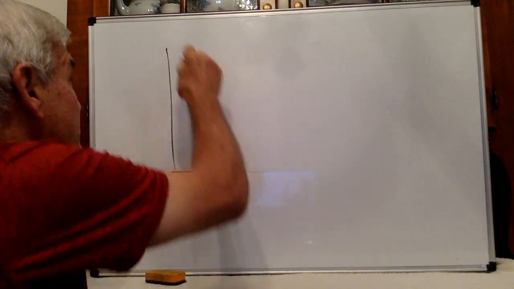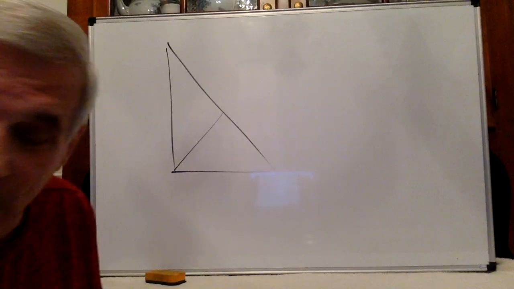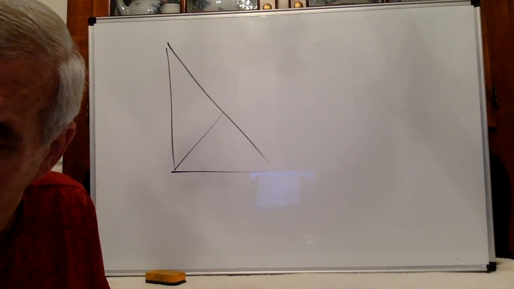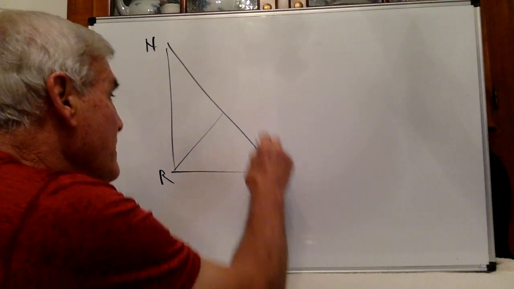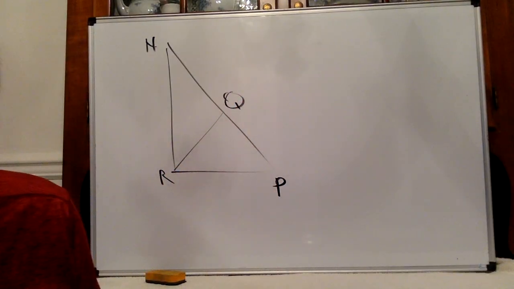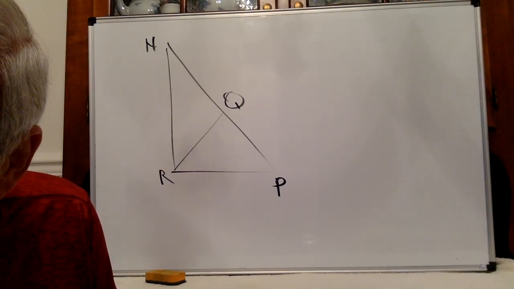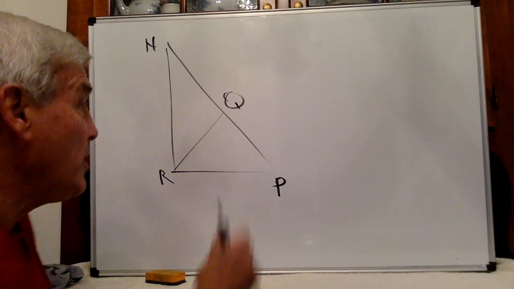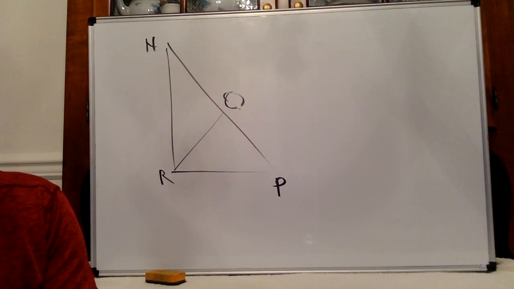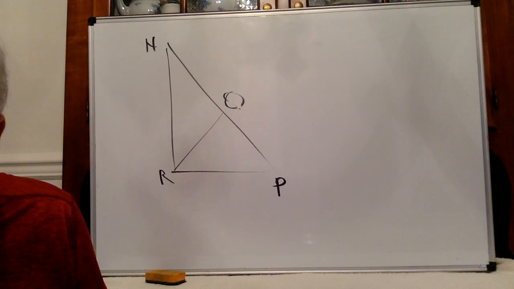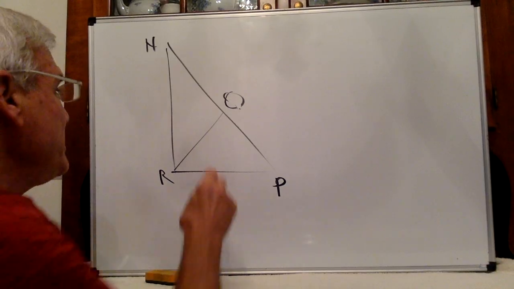2B, or not 2B? That is the question. You were given a figure that looked like this, N, R, P, and Q, and they said that in this figure, RO is in fact perpendicular to PN. RO is perpendicular to PN.